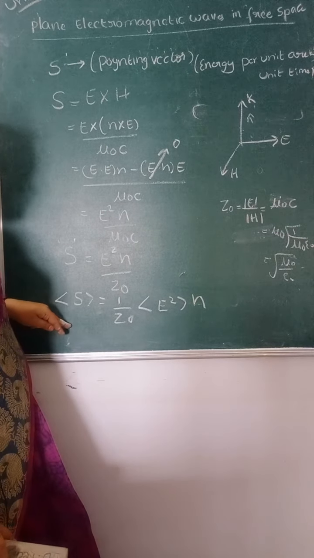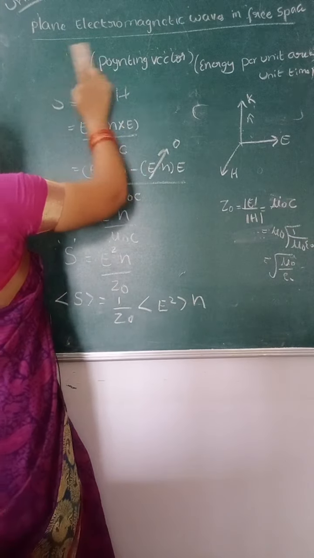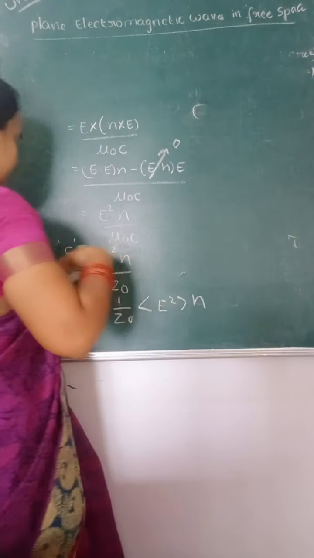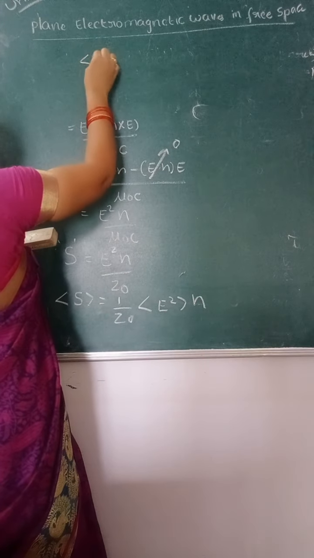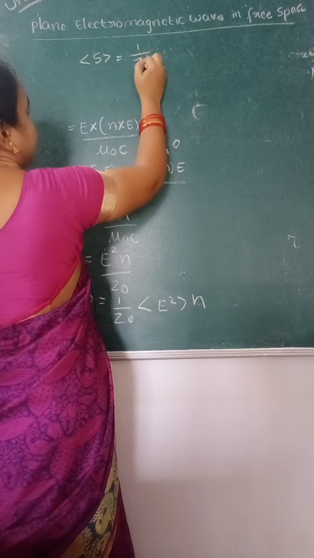The average Poynting vector is 1 by Z naught E square into N.